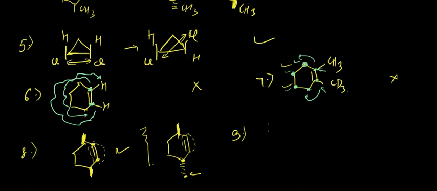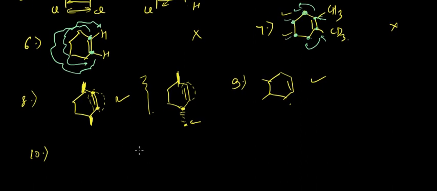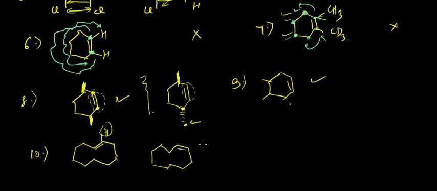Now let us take an example with this. Is it geometrical isomerism? Yes. Now let us take this example. So in this example we have something like hydrogen attached here, and here.